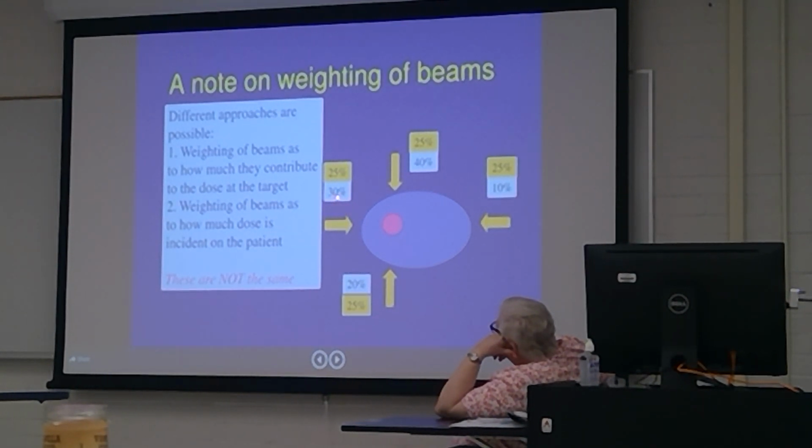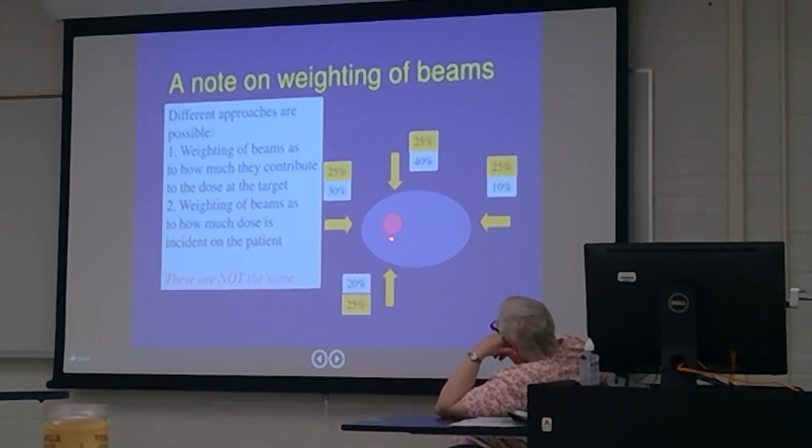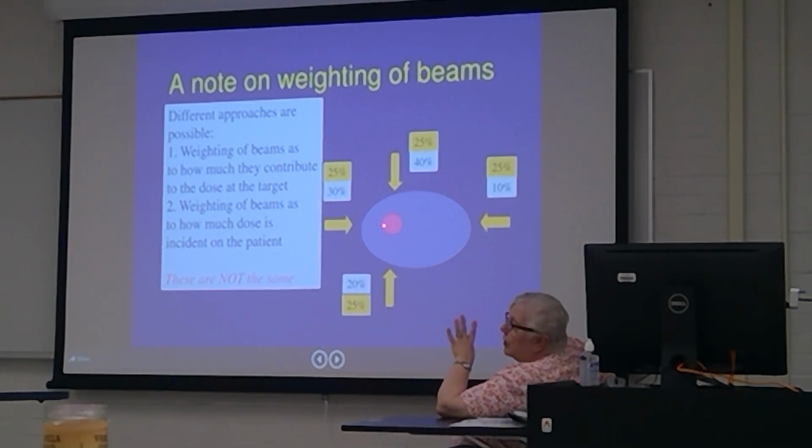The weighting of the beam is how much they contribute to the target dose, which is what we really need. We're not worried about the other one, that's the symmetry. So we worry about this one. So 30%, 40%, 10%, and 20%.